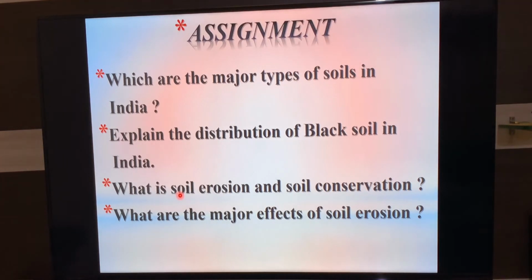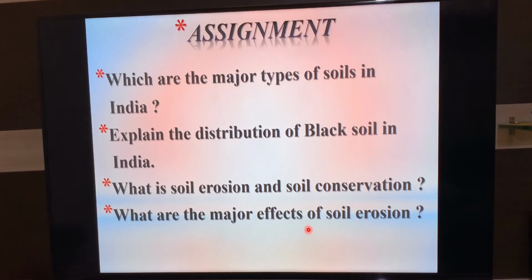Next we have to learn about the major effects of soil erosion. The first point you have to write is loss of soil fertility and fall in agricultural productivity. Second point, it leads to silting and floods, change of course of rivers and reduction of capacity of reservoirs.